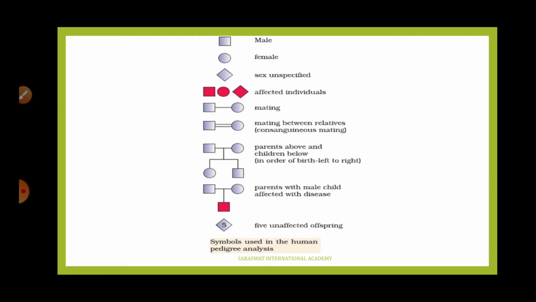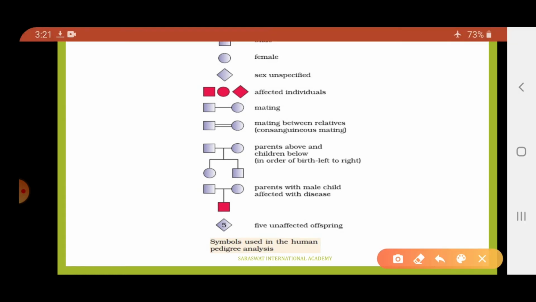It means that person is not showing a trait, abnormality or any disease. The unshaded circle represents the unaffected female. This rhombus-like structure represents a sex unidentified or unspecified. We don't know the sex of the individual.